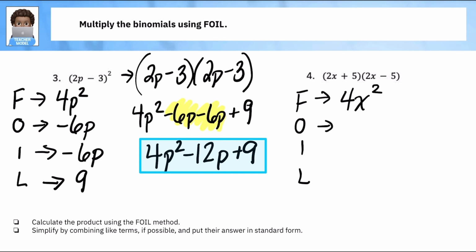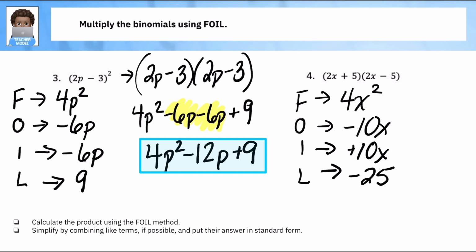My outside numbers, negative 10x. My insides, positive 10x. My last numbers, negative 25. So check to see if you have those same terms. All right, so I have 4x squared minus 10x plus 10x minus 25.